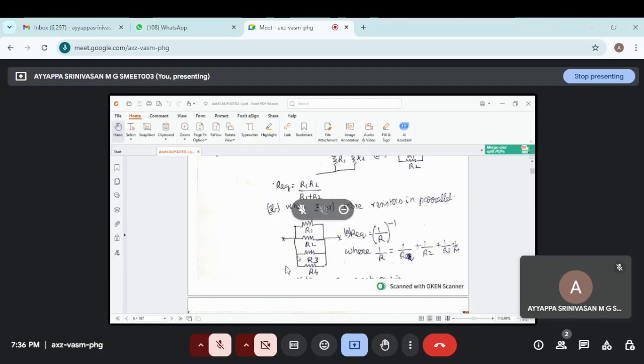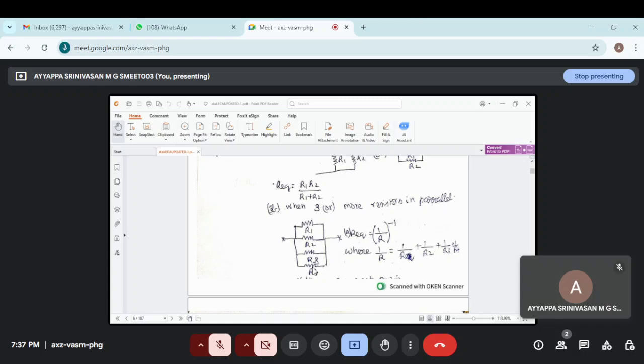Now, take this figure. If you analyze this, you can find again that the current starts from this marked point and is divided into R1, R2, R3, R4. So different currents flow through them: R1, R2, R3, R4.